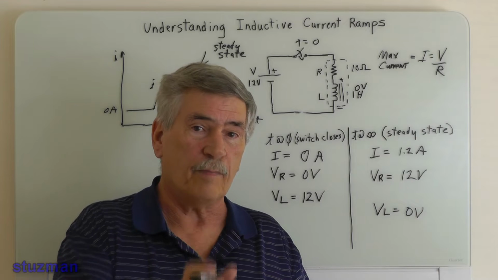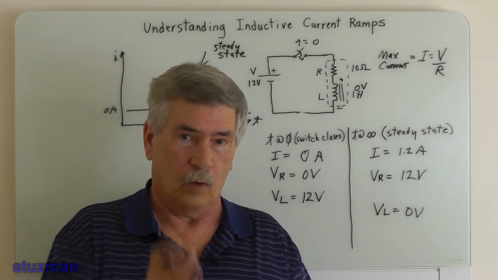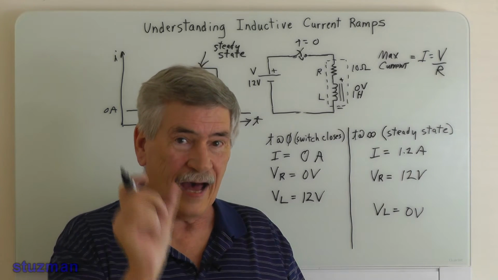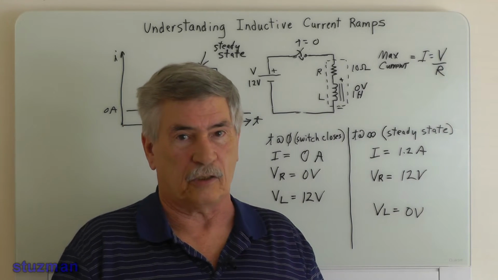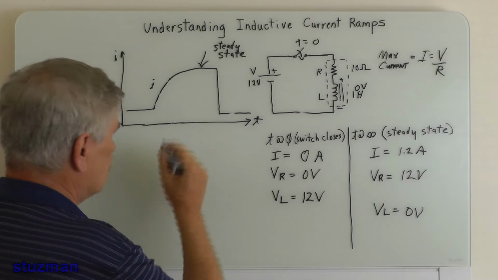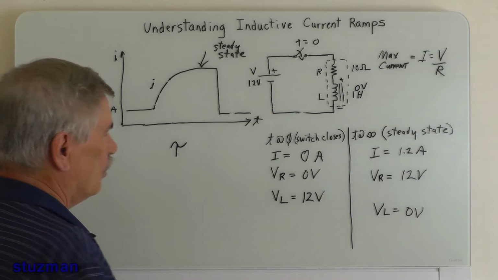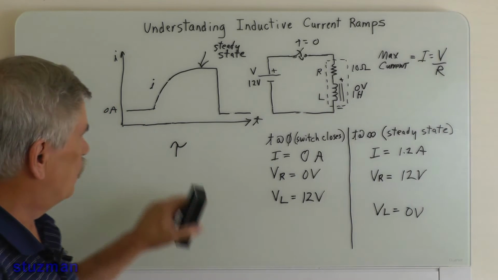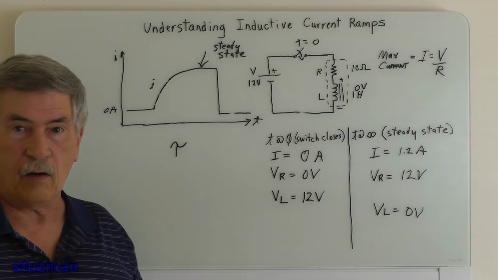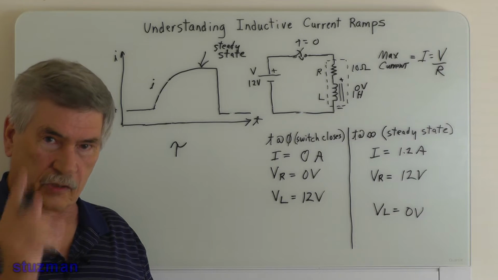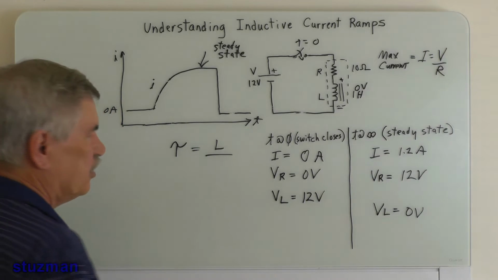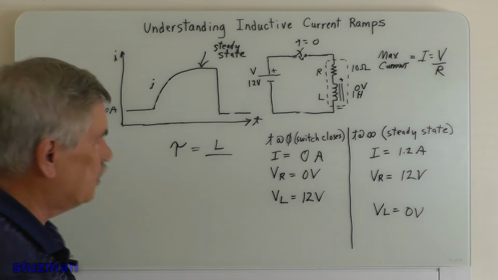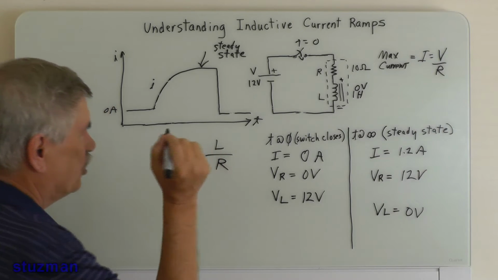If I take 63.2% of that, the time that it takes for that to happen is called a time constant. Now the time constant is figured out by using this equation. We use this Greek letter tau to represent time in seconds. That'll be our time constant, and that's going to be equal to L, which is inductance, measured in henries, divided by the resistance.